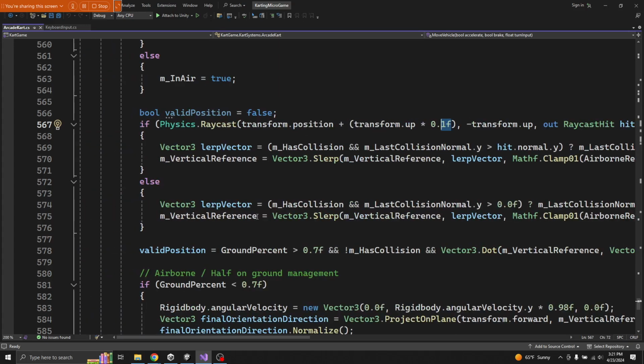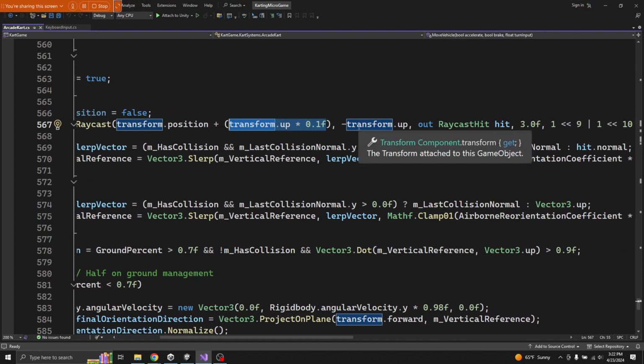Our position might at some point be a little close to the ground, so to accommodate that, we're going to shoot a ray down to see how far the ground is beneath us. This just moves us up a little bit. We're about to shoot a physics raycast down into the ground, but let's move our starting position up a little bit to make sure that we're above the ground and that we can do a good raycast.